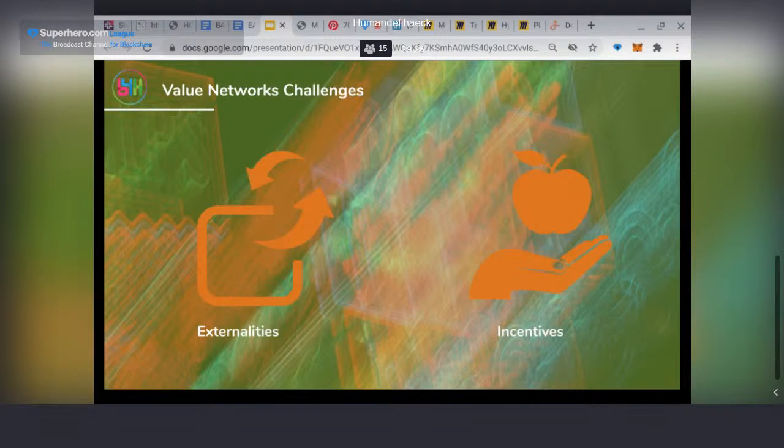And of course, value networks give us new network challenges, because the externalities of the things that we produce are really difficult to predict and difficult to measure, as well as the incentives.